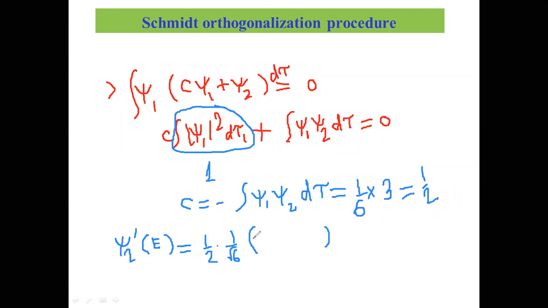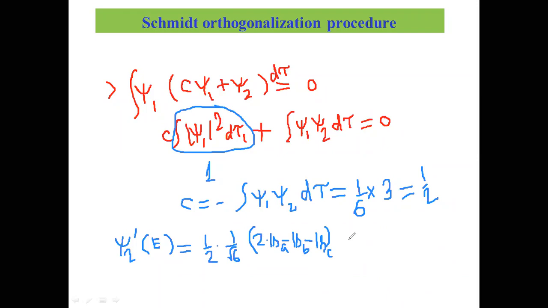So that is 2 into 1s A minus 1s B minus 1s C, right? So that is psi 1.